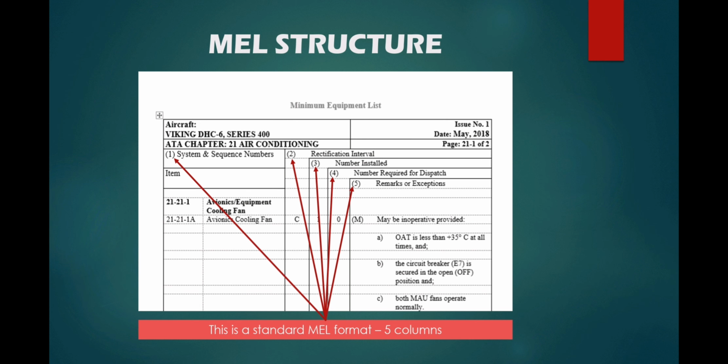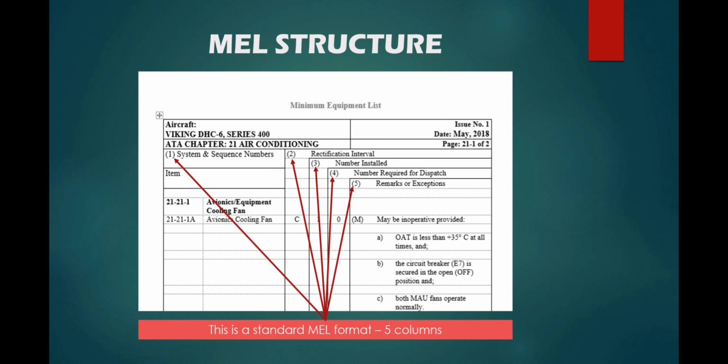Alright, now you can see there are 5 columns, which is a standard MEL format. Whatever MEL you see, you will find these 5 columns, which are very important to understand. Number 1 column is for system and sequence numbers.